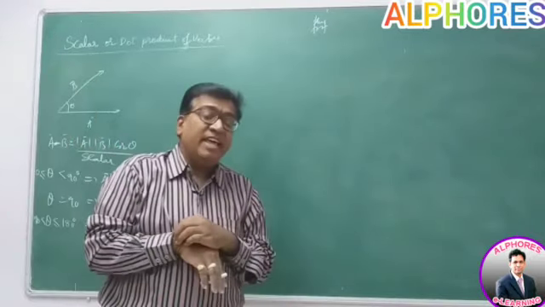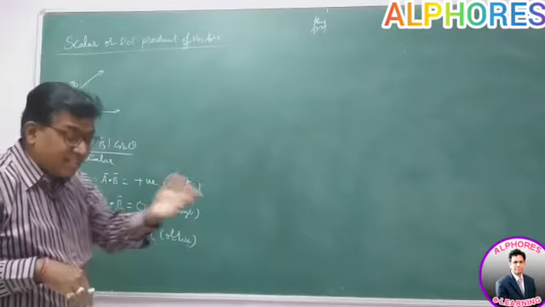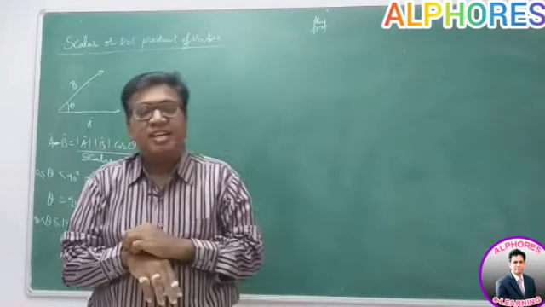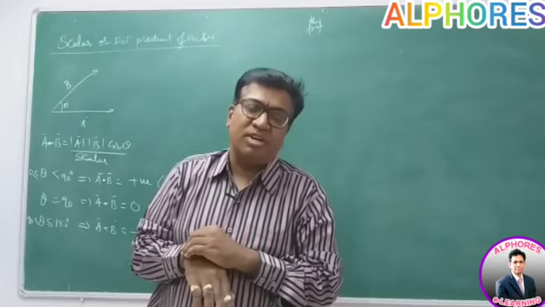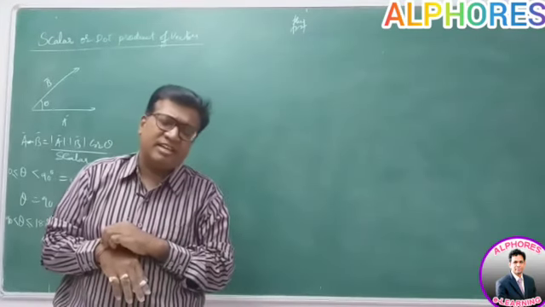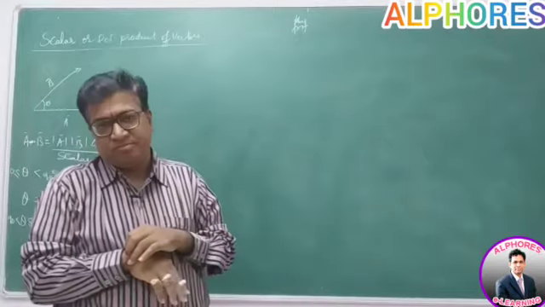So the dot product of two vectors yields a scalar, and this scalar can be positive, negative or 0. Right? A scalar is a physical quantity which possesses only magnitude, no direction. Even if it has direction, it has no significance. Usually scalars are positive, but those scalars which are obtained by the dot product can be positive, negative or 0.